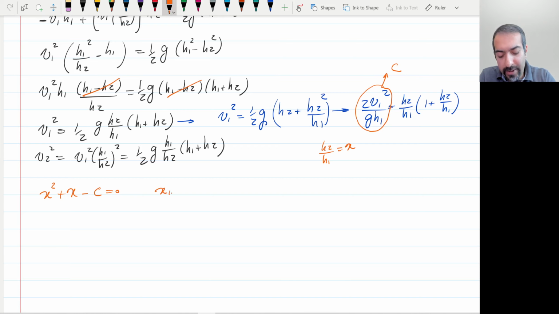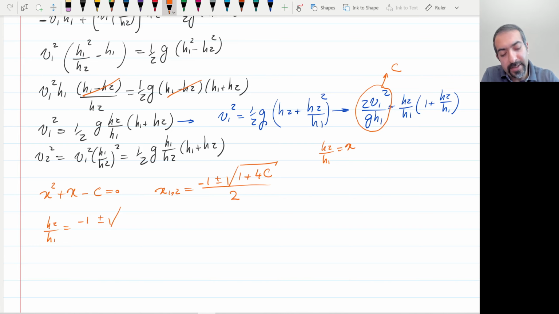So x1 and 2, there are two solutions, is -1 plus minus the square root of the delta, which is b^2, 1, minus 4ac, so that's 4C, divided by 2a. Okay, so therefore there are two solutions for h2 over h1.